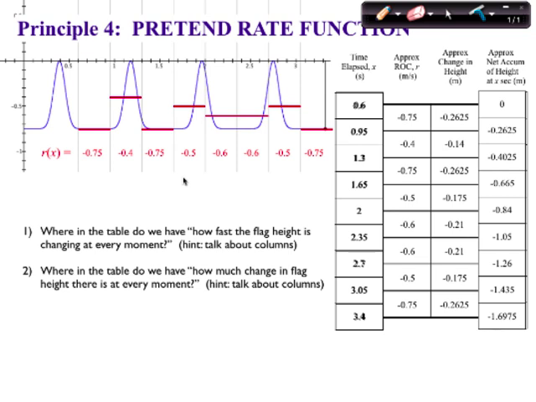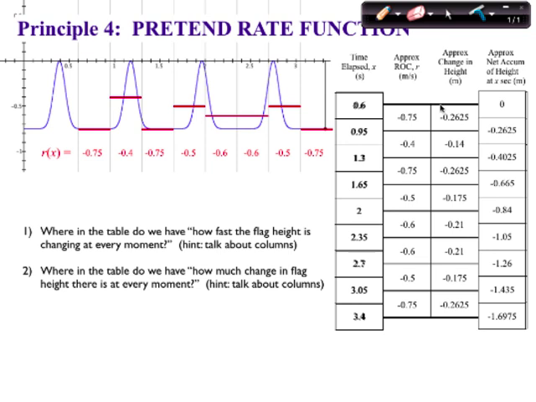So we could use dy equals m dx to find the approximate change. With these red constant rates, we can approximate changes in heights. So we're making progress towards knowing what the height is at any moment.